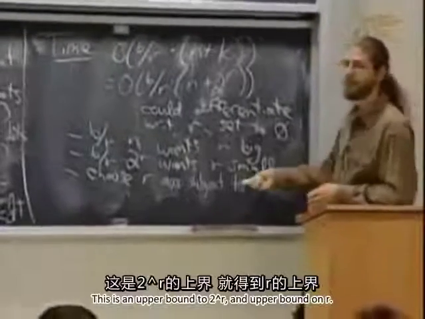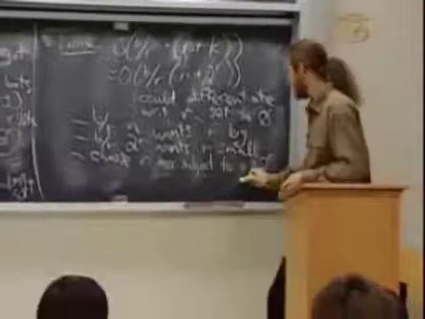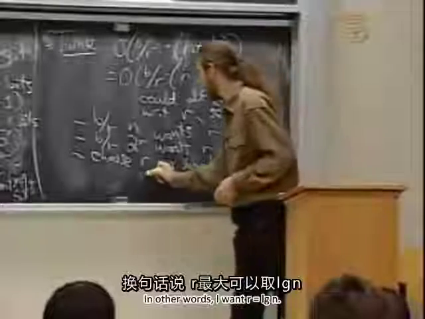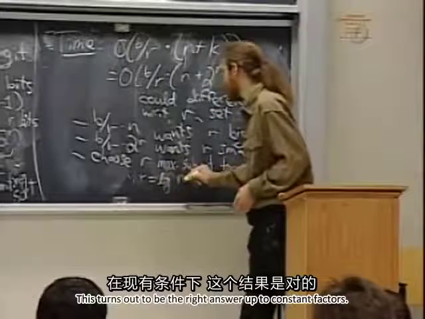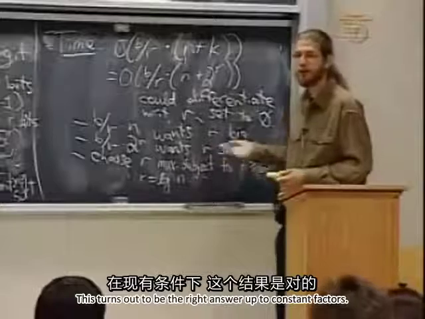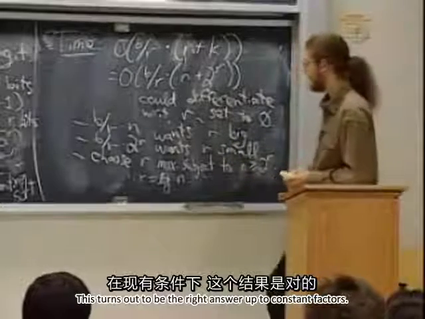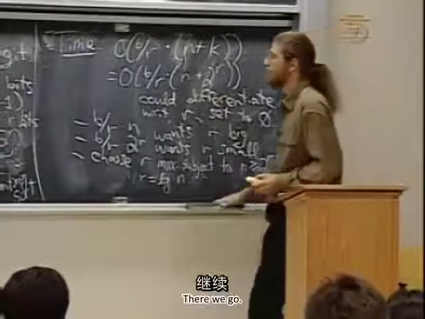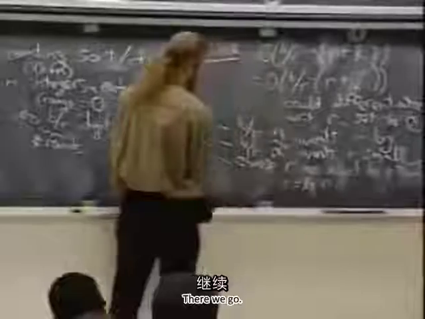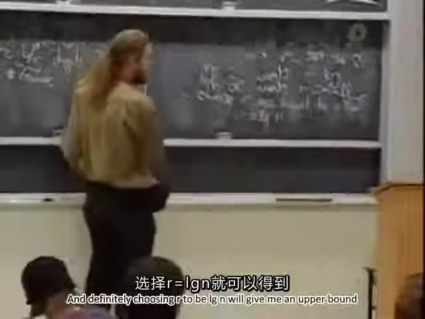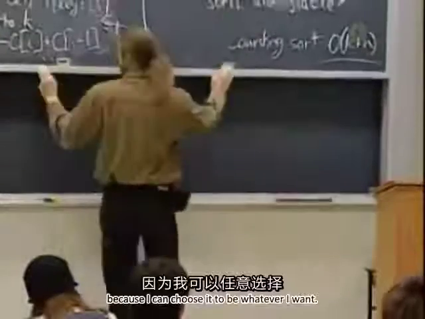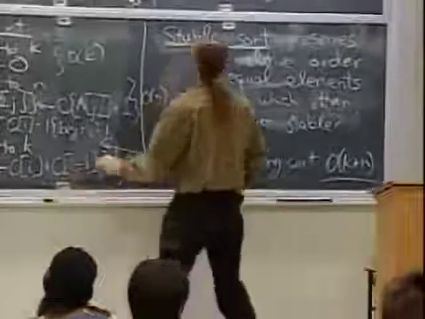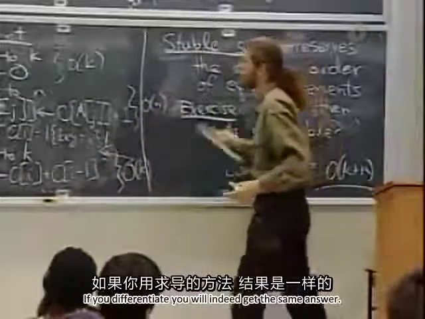So this is an upper bound on 2 to the r, an upper bound on r. In other words, I want r equal to log n. This turns out to be the right answer up to constant factors. So there we go. And definitely choosing r to be log n will give me an upper bound on the best running time I could get, because I can choose it to be whatever I want. If you differentiate, you will indeed get the same answer.